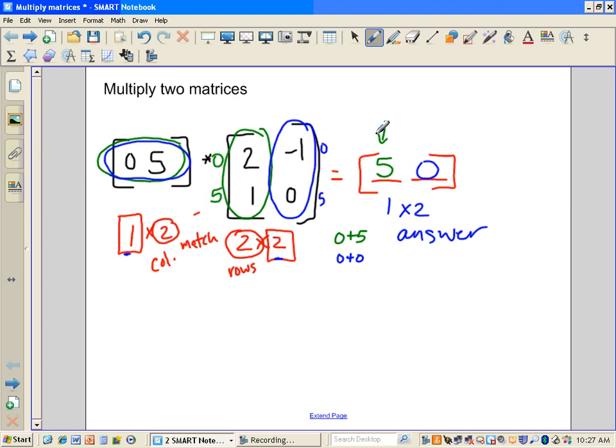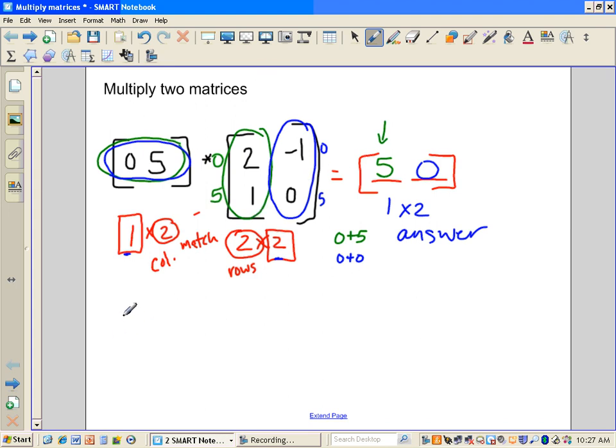And maybe when we have some more labels, like in the toy manufacturing problem you worked on today, it would make a little bit more sense. But we're always going to be looking for the row times the column.